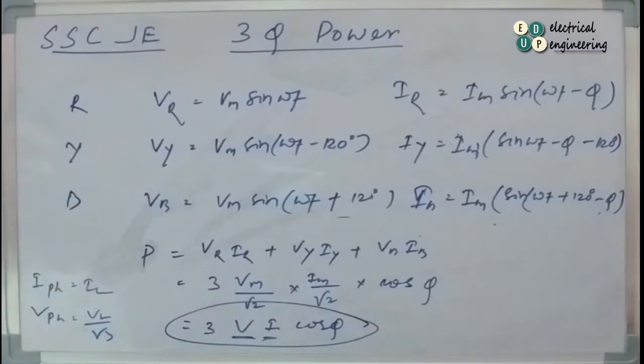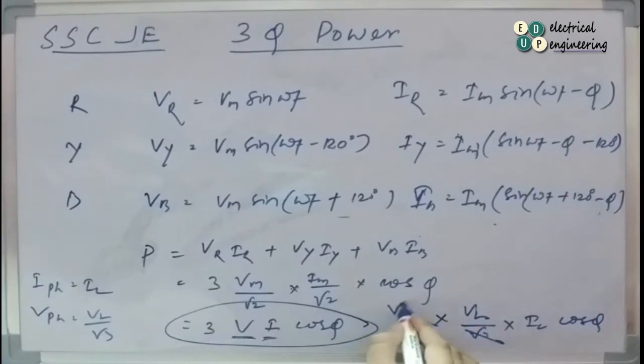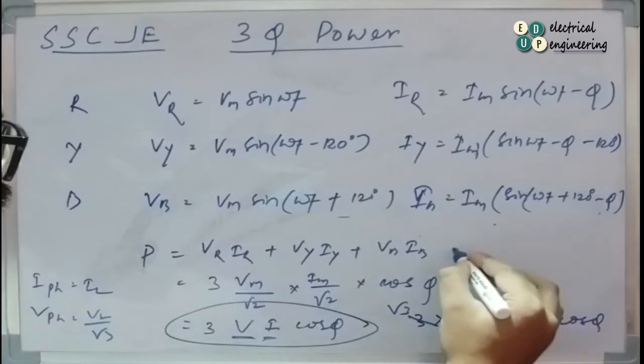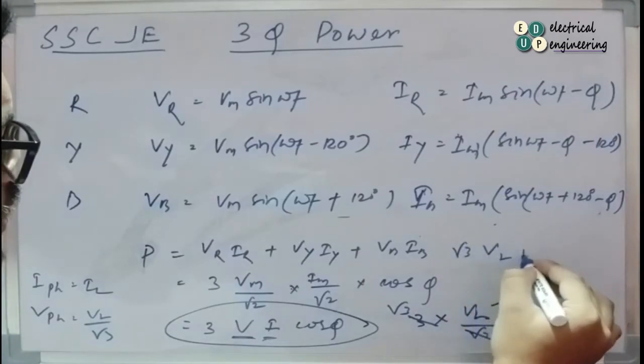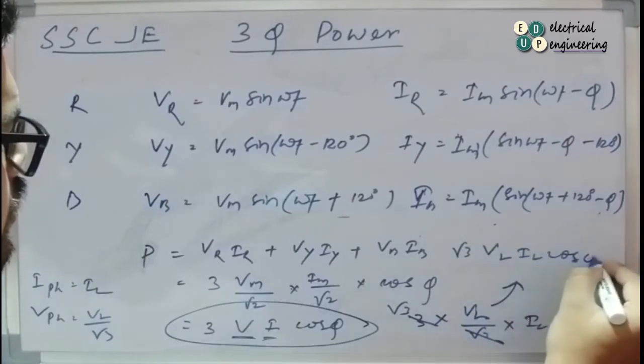So in place of V phase put VL by root 3, and I phase is the same as IL, and you will get 3 into VL by root 3 into IL cos phi. So the final formula will be root 3 VL IL cos phi.